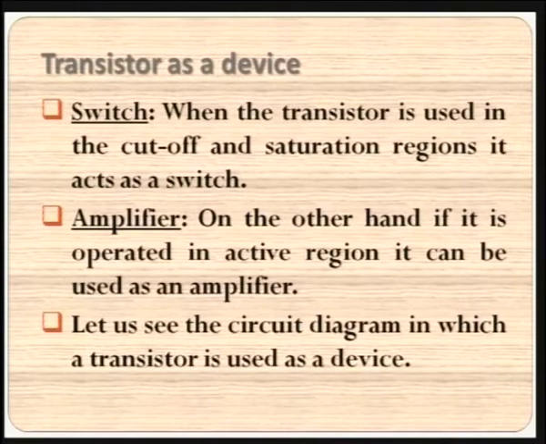The parameters that we could get from the characteristics we have discussed elaborately in the earlier lectures, and also, based on the characteristics, the suitability of using the transistor either as a switch or as an amplifier. All these concepts we have dealt with at length in the earlier lectures.